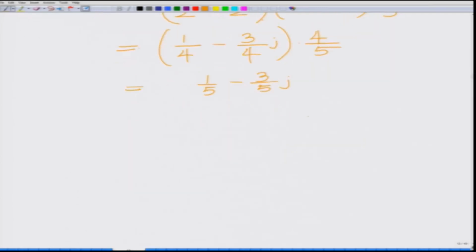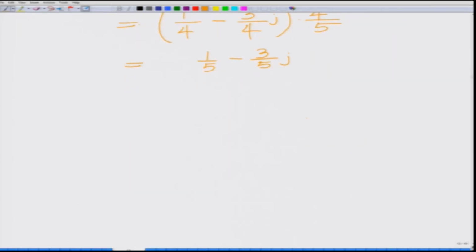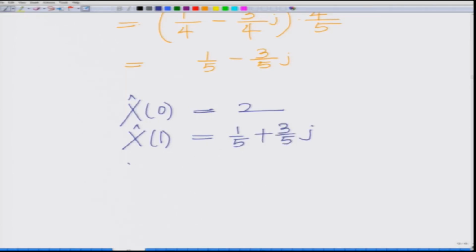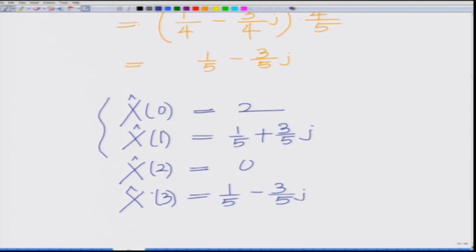So, we have basically computed the estimates of the FFT coefficients of the transmit symbols, and to summarize, you have capital X hat of 0 equals 2, capital X hat of 1 equals 1 by 5 plus 3 by 5 j, capital X hat of 2 equals 0, capital X hat of 3 equals 1 by 5 minus 3 by 5 j, and what are these?